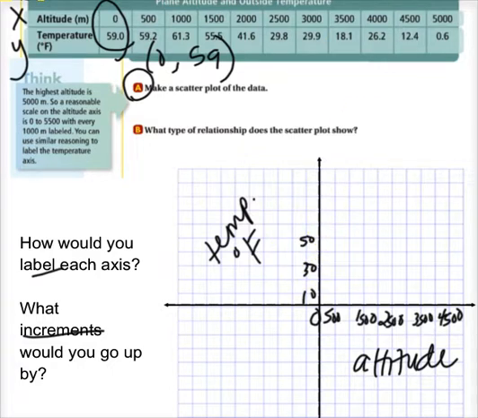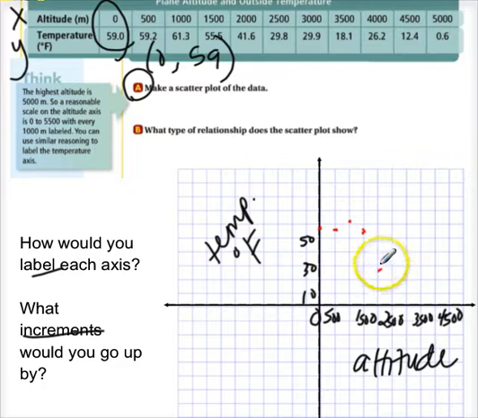Let's try that. I'm plotting my points, looking at x and y. 0, 59. 500, 59.2. 1,000, 61.3. 1,500, 55. 2,000 is 29, way down here.